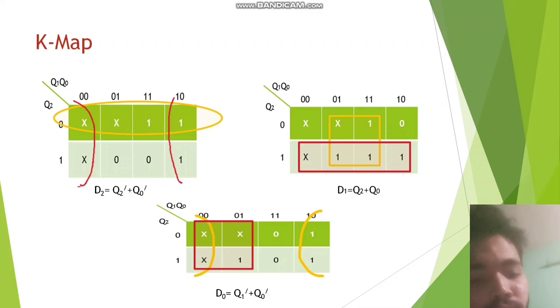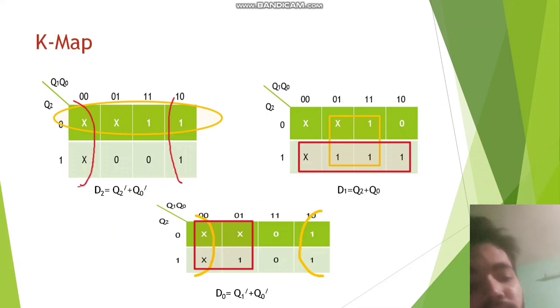Then we go to the next D flip-flop, the K-map of D0. D0 looks like the D2 flip-flop K-map. Q1 and Q0 are on top and Q2 is down. Then in the columns we saw the same two groups.